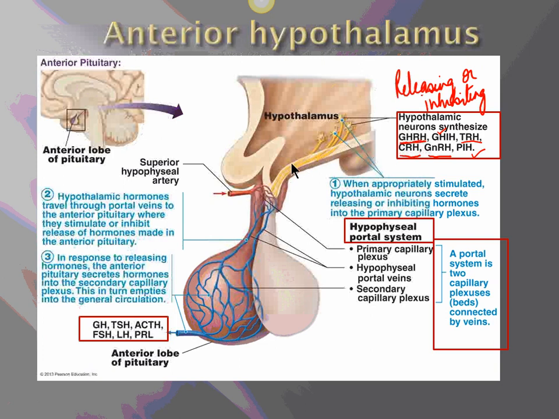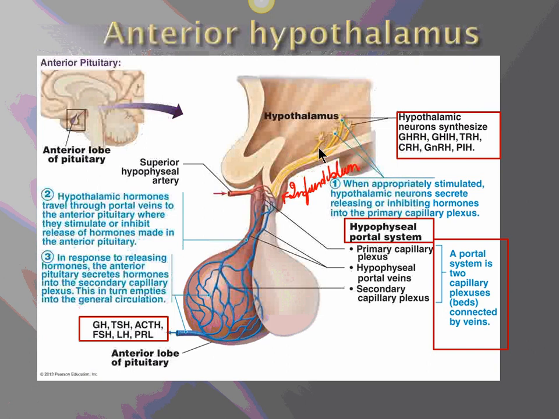So they are passed down a tract which ends quite high up. This area which connects the hypothalamus to the pituitary, this stalk-like part, is known as the infundibulum. It's the stalk which connects the hypothalamus to the pituitary gland.